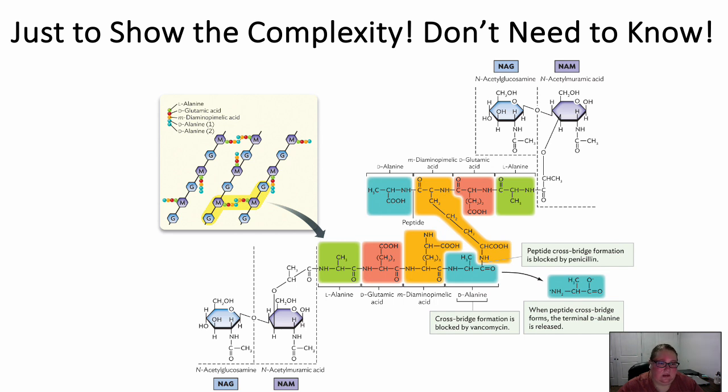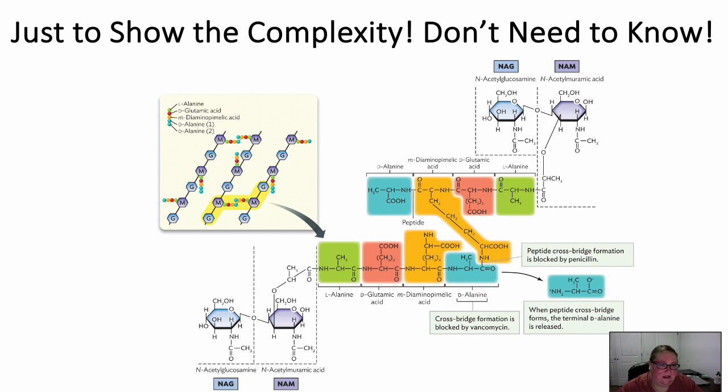So they're always in this set of two. Now, the cross linkage, the peptide cross bridge, is always going to be attached to NAM in this place. So here M is NAM, G is NAG, so you can see them alternating in this polymer.